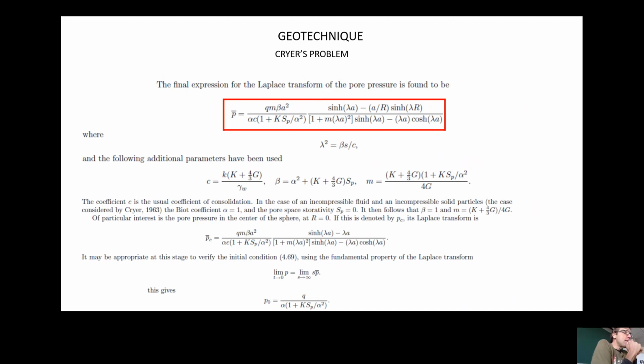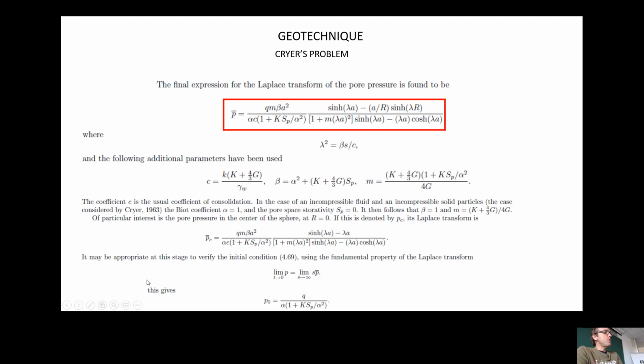Of particular interest is the pore pressure in the center of the sphere, or in other words, at r equals 0, that is denoted as p_c. And the Laplace transformation becomes this. That is, as you can see, very similar to this one in the case of r0, so only this term is different.